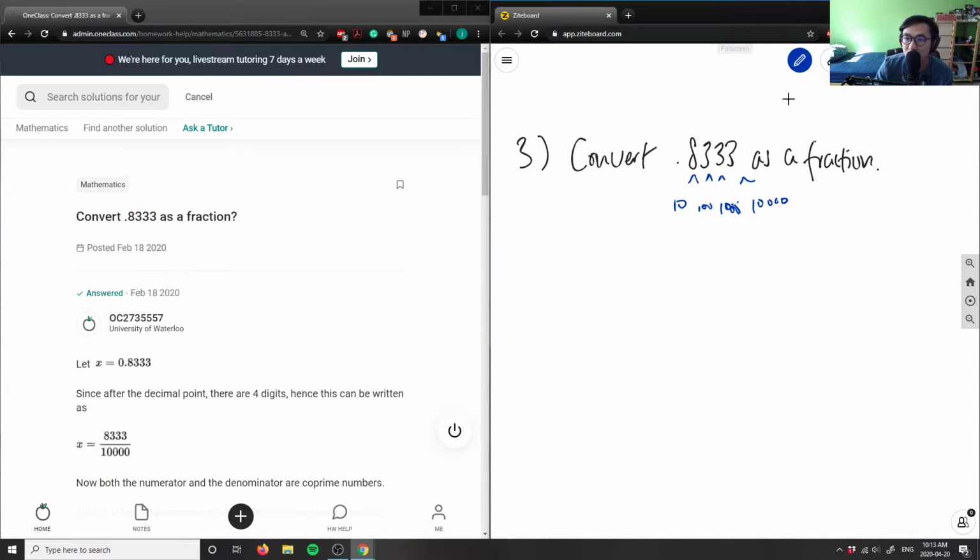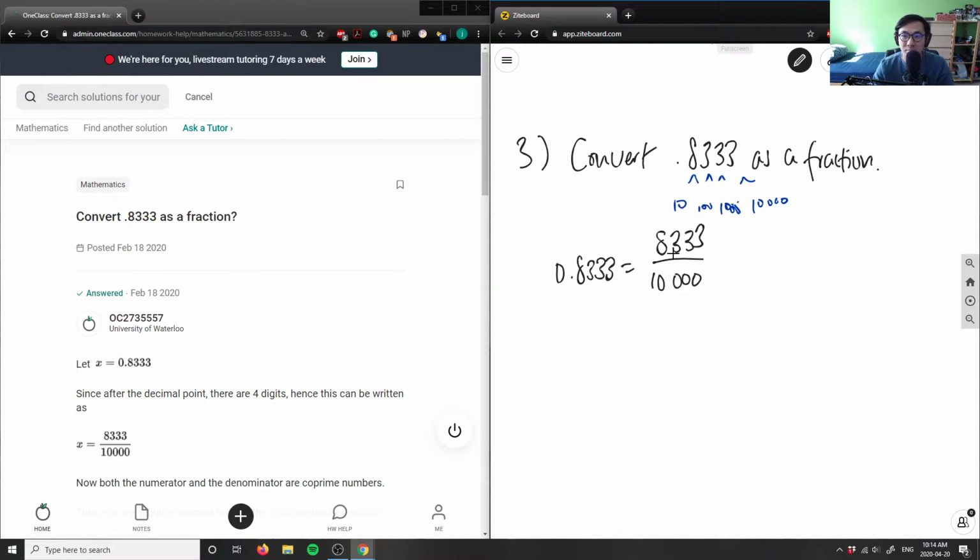So what we can do is we can say that 0.8333 equals 8,333 divided by 10,000, right? So that's what we have here. This is now a fraction, right? 8,333 over 10,000 is our fraction.